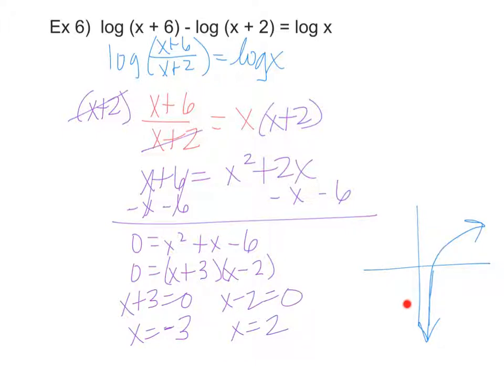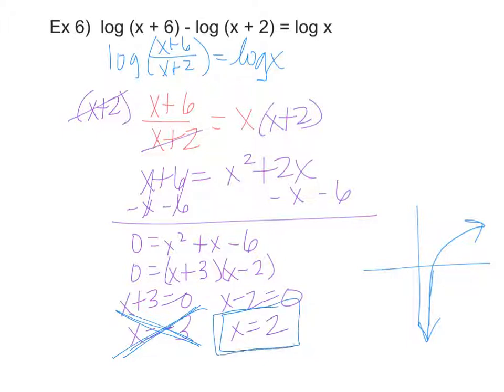Is there part of my logarithmic graph over here on the negative side? No, I have a vertical asymptote at the y-axis, which tells me my x values cannot be negative. If my x values cannot be negative, then x equals negative 3 is not a valid solution.